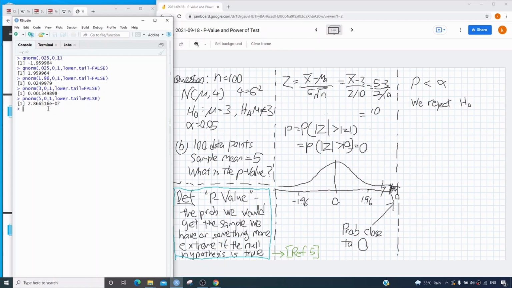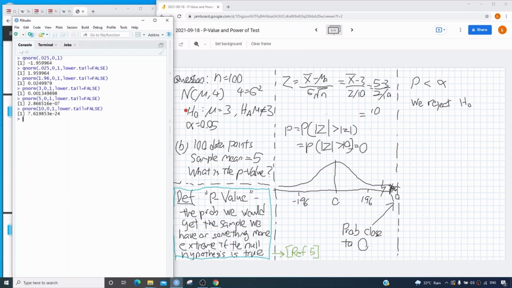Okay, if we go to the value 10, which is very extreme, it is 7.619 times 10 to the power of minus 24.